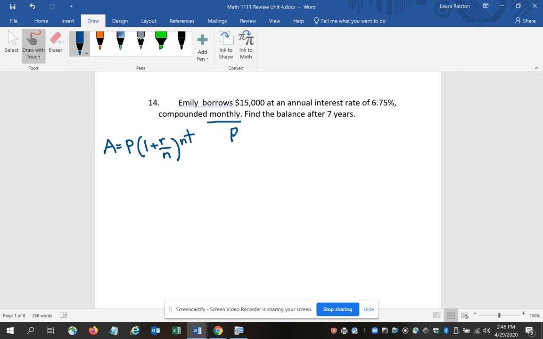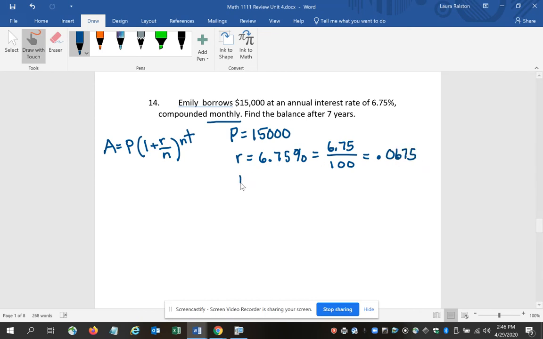I'm told that she originally borrows $15,000, that the rate of interest is 6.75%. I need to change that to a decimal. 6.75 divided by 100 is 0.0675.